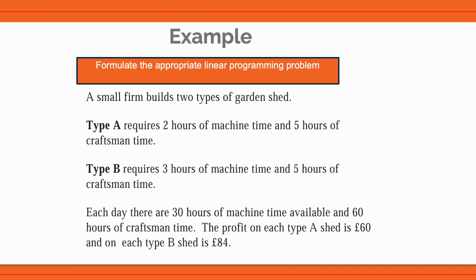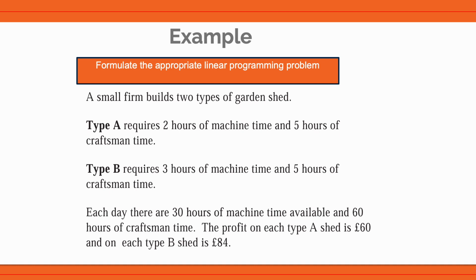Now, when we have a problem like this, our first step is to try to bring out all the variables that have been given to us in the problem. For instance, in this problem, you can see that time is a variable. Type A requires 2 hours. Type B requires 3 hours. That means we can use 2 and 3 to form an equation or an inequality with respect to time.